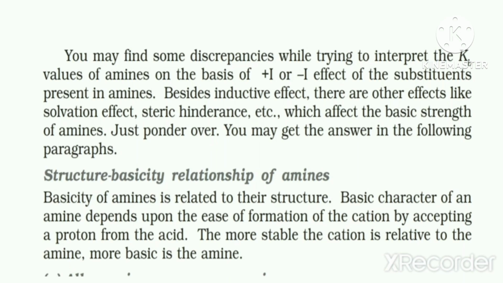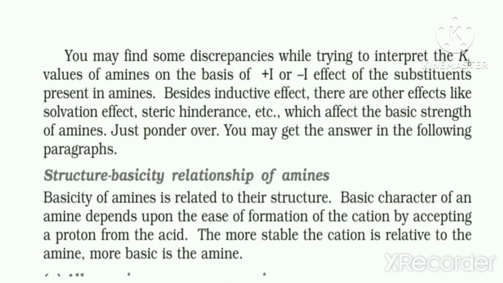Besides the inductive effect, there are other factors, like solvation effect and steric hindrance or steric effect, which affect the basic strength. Which things affect the basic strength of amines? The inductive effect, which may be positive or negative, and other effects like solvation effect and steric hindrance.